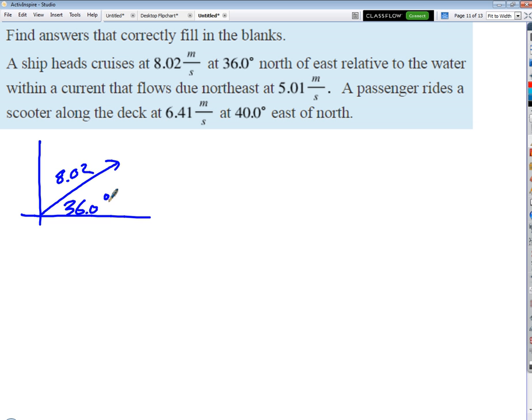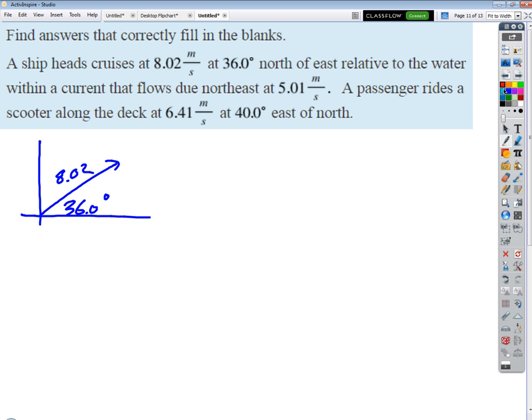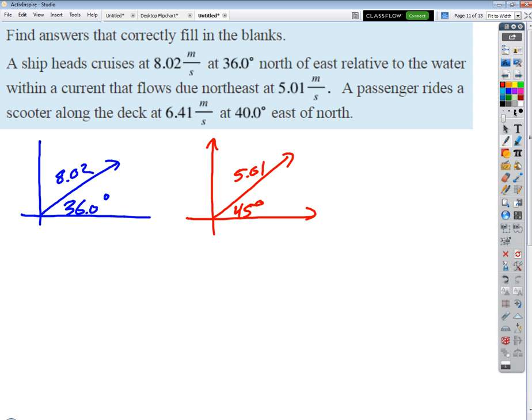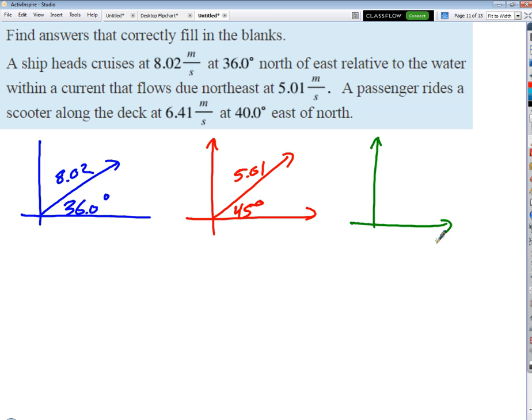Okay, we got that one we got to add up. We've got this one. And we've got this, the last one's tricky, right? The last one goes like 40 degrees. The magnitude was 6.41, right?